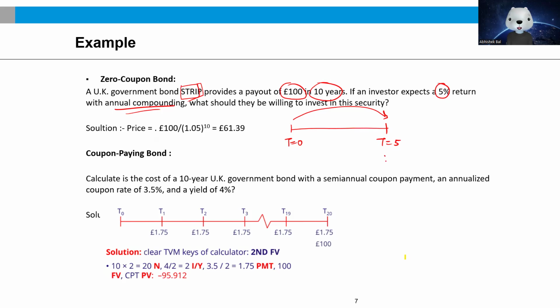That lump sum amount has been given to be £100, and the likely discount rate has been given to be 5%. Now, given these three, we have to find out what the fair value of the security should be.